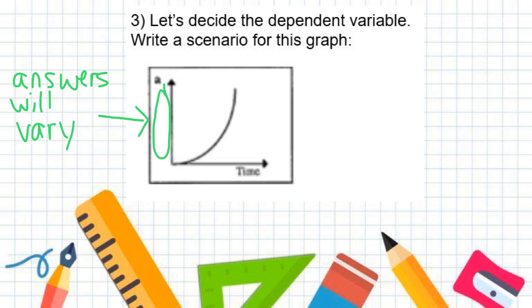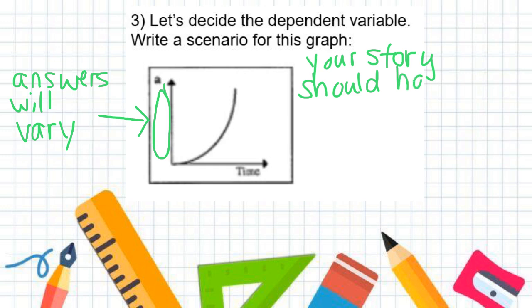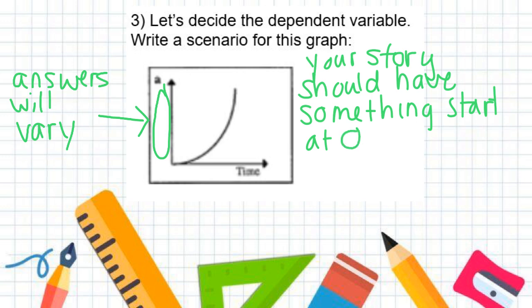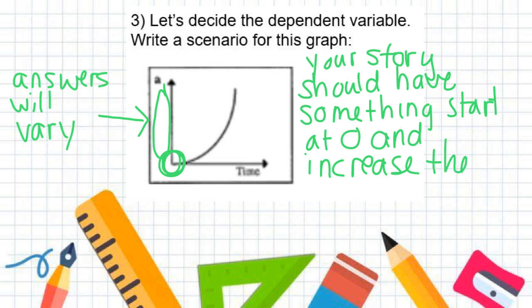But your story, your scenario, should have something start at 0, and I know that because right there is the beginning of our graph, and increase the whole time.